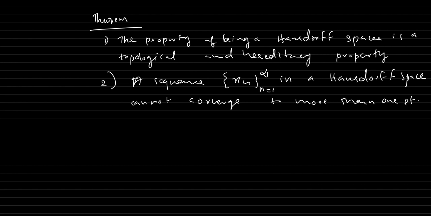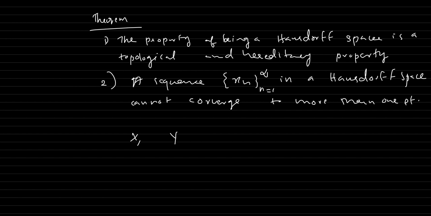The first statement states that when we consider a Hausdorff space X and let Y be a topological space which is homeomorphic to this space, then Y is also Hausdorff. This is a topological property. A property is called a topological property if the property is shared from a space to all other spaces which are topologically equivalent to the first space.